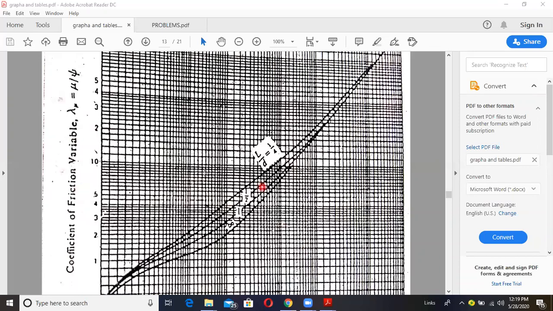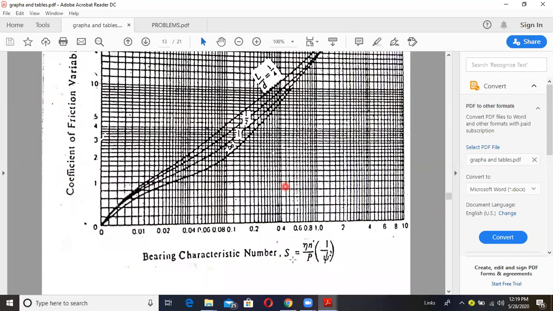So before calculating the coefficient of friction variable, first we have to determine which curve to select and the value on the x-axis, that is the bearing characteristic number.